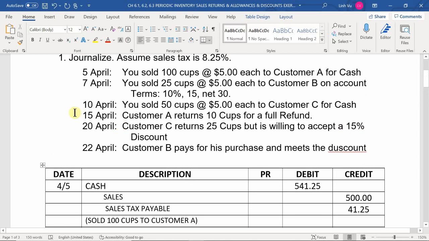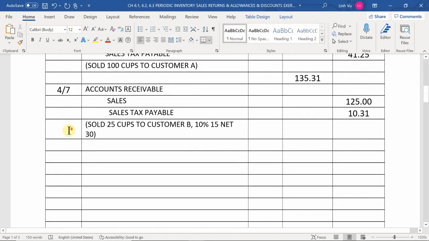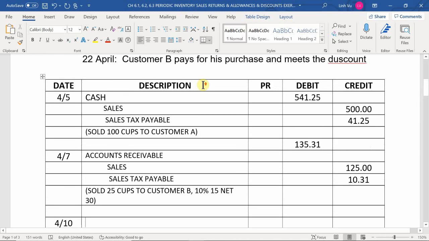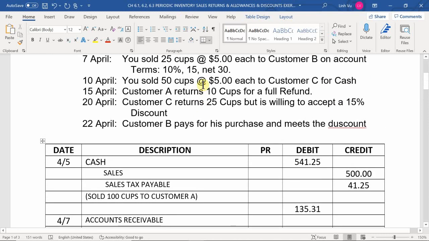So then on April 10, you sold 50 cups for $5 each to customer C for cash.